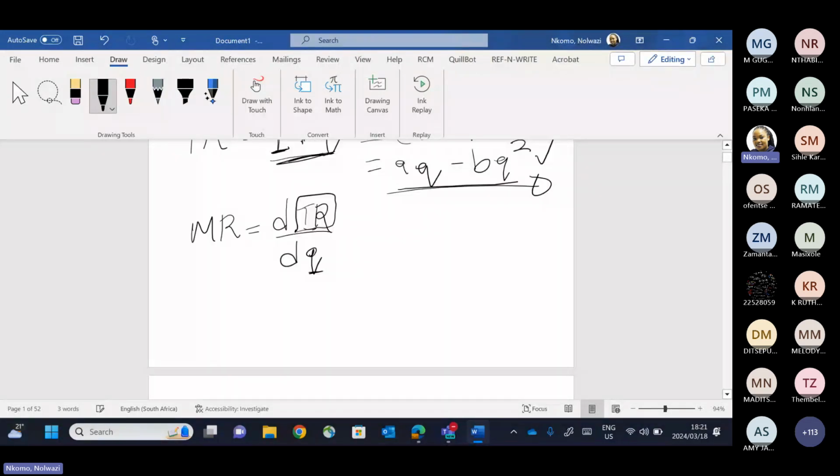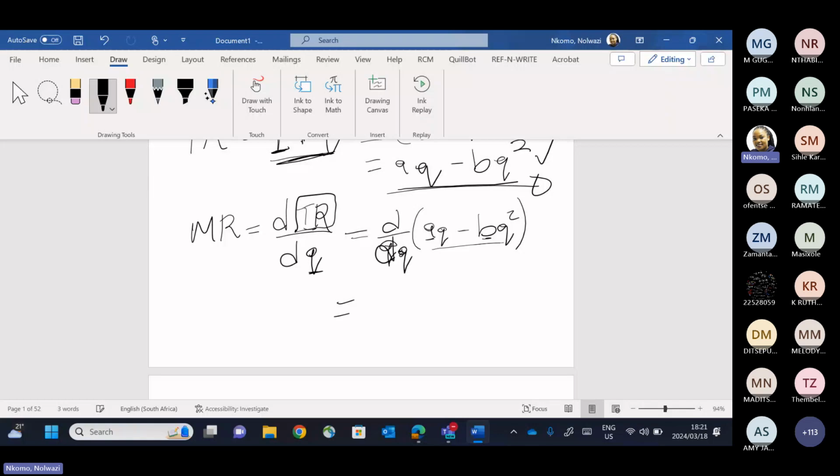This means we have d/dQ of (AQ minus BQ squared), right? We are differentiating this function with respect to Q. Remember, I said A and B are constants, right?